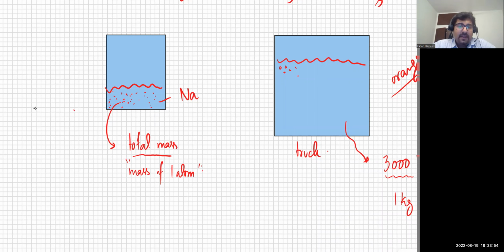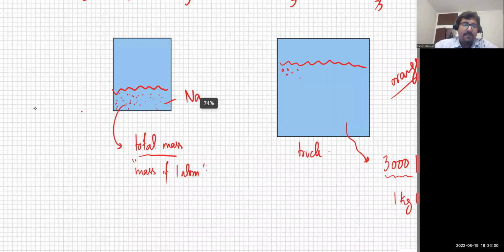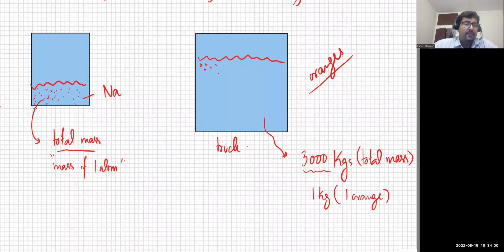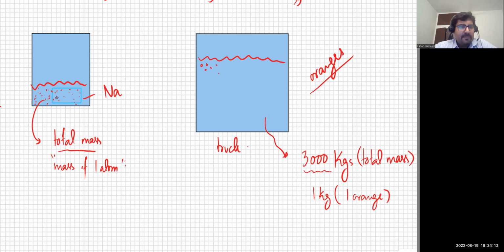If I'm able to do that, I can count the total number of atoms. I'm going to use the same strategy to count the number of sodium atoms I've got. The mass of a single atom has been accurately measured and it's given in the periodic table.